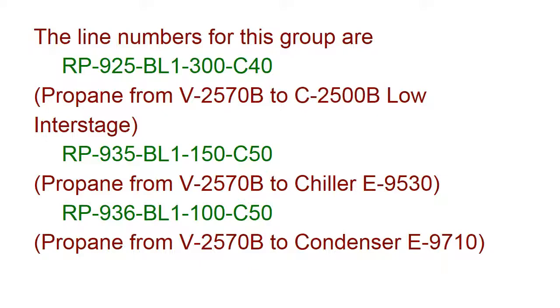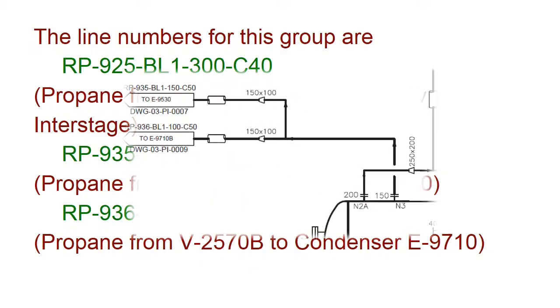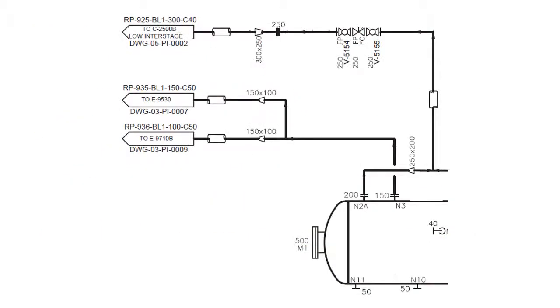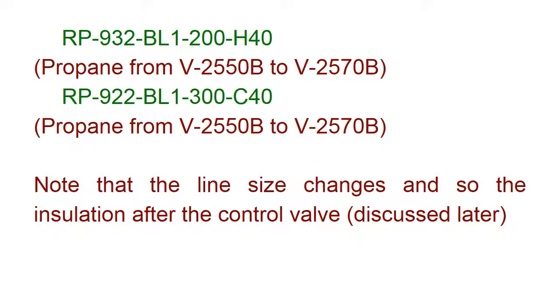RP936-BL1-100-C50, propane from V2570B to condenser 9710. RP932-BL1-200-H40, propane from V2550B to V2570B.